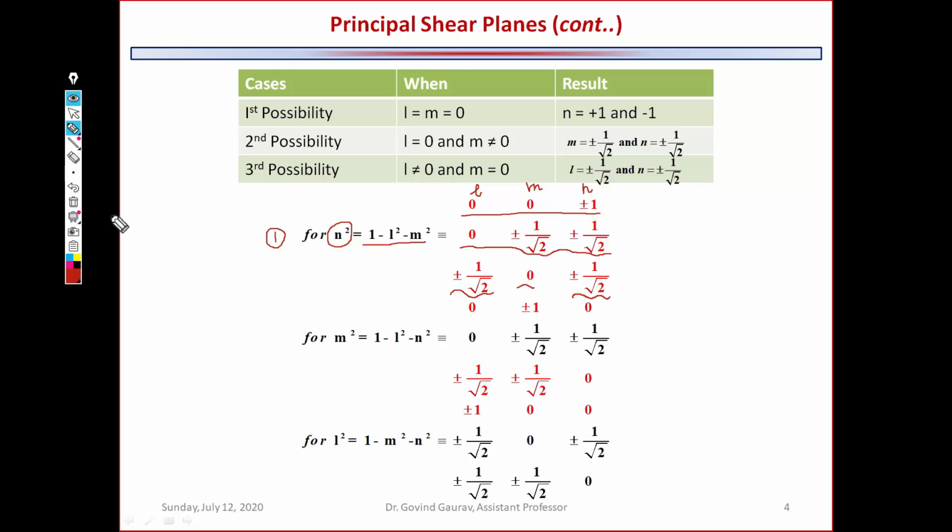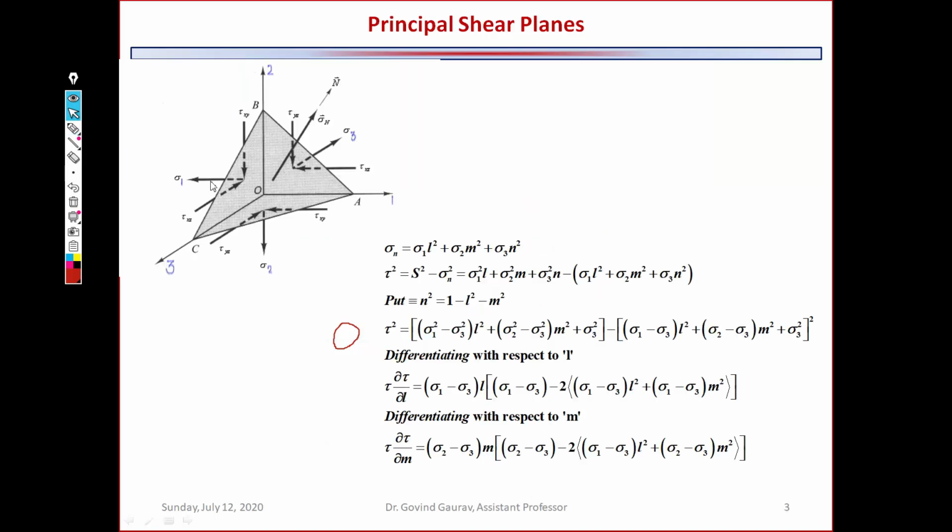So the second case would be when we are putting the values of M square in the equations of tau square, which we have shown in the previous slide, which is this equation. Different values we are putting in this equation, and correspondingly different values of L, M and N we can calculate.